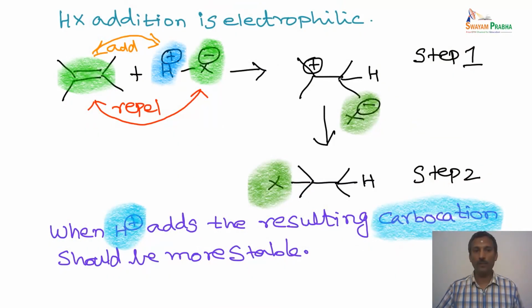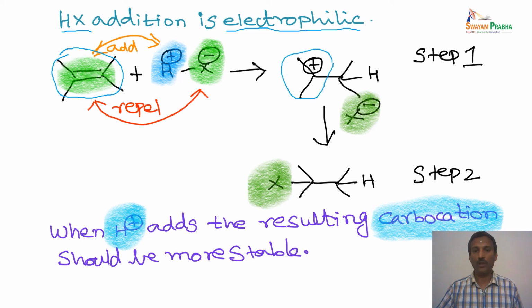We are already familiar with the HX addition to a symmetrical alkene. The reaction is basically an electrophilic reaction. The first step is the addition of a proton to the double bond, which results in carbocation formation.